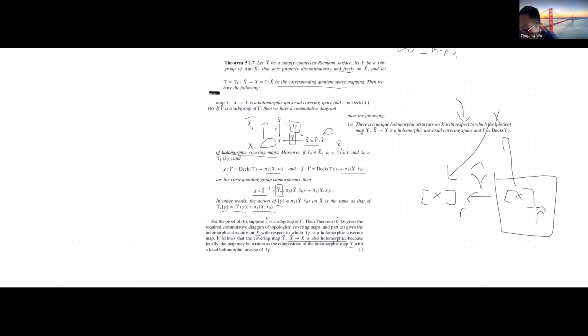And then we require this X tilde to be a simply connected Riemann surface. This Gamma is a subgroup of the automorphism group that acts properly discontinuously and freely on X tilde.